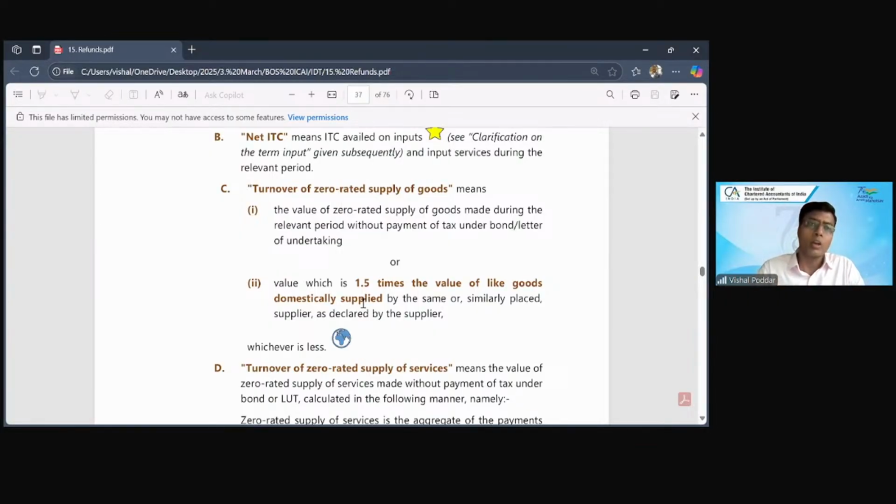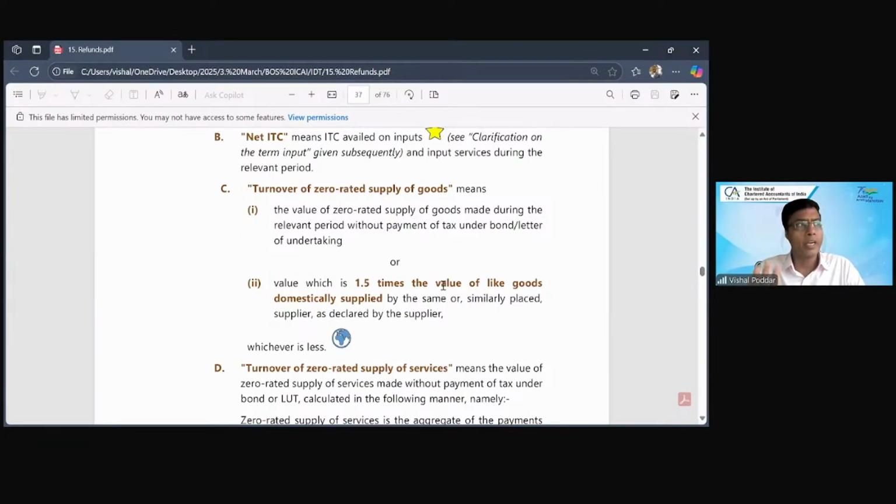So they are showing on their shipping bill the value of export as 1000. So they are preparing an invoice of 1000, though actually the genuine value of the goods may be only 100. That is where, when they realized this, they brought in this condition that, okay, we will take 1.5 times of the value when the same goods are sold within India.